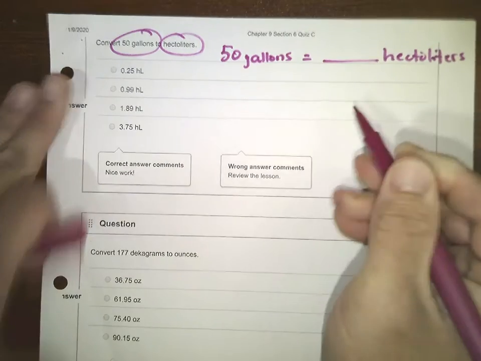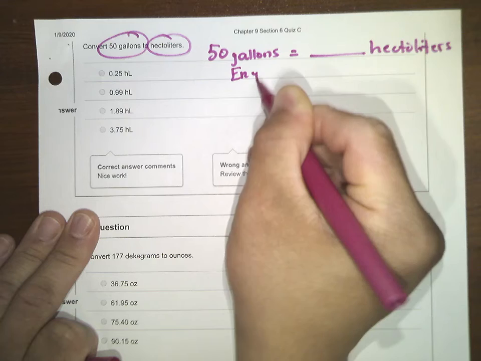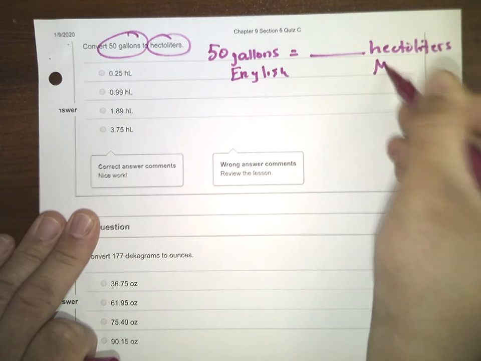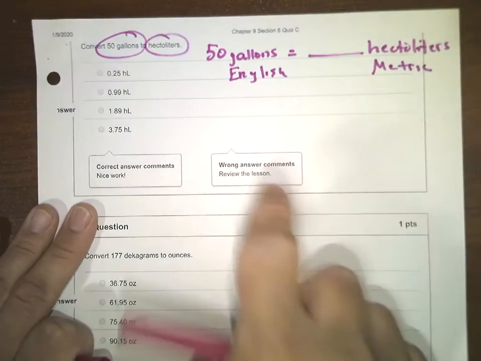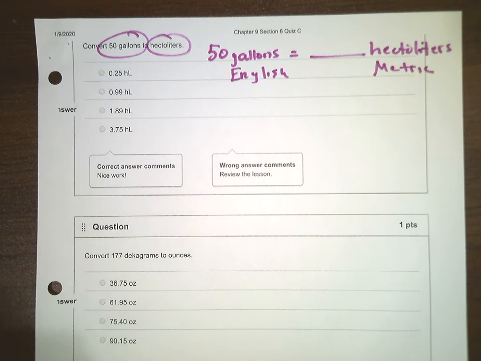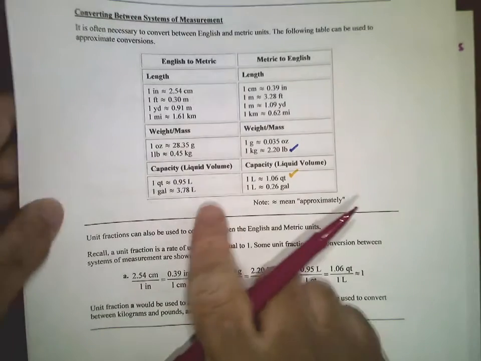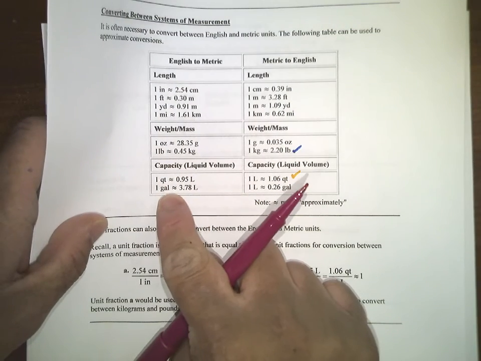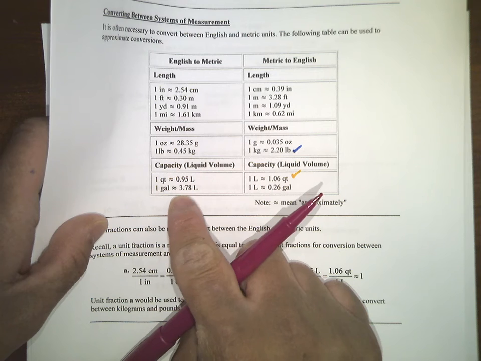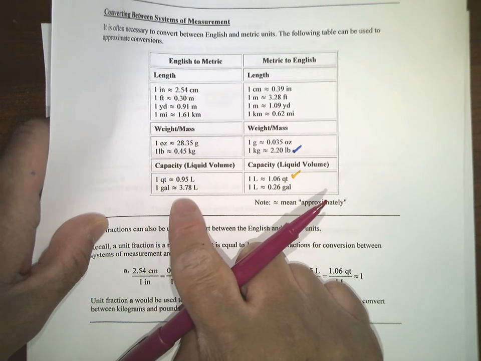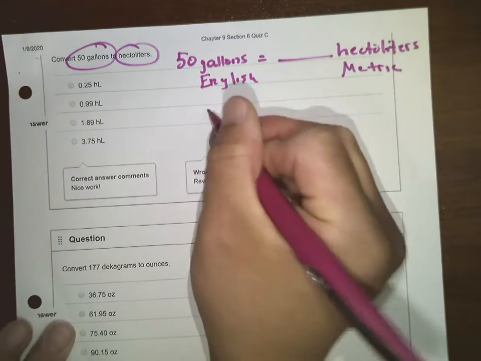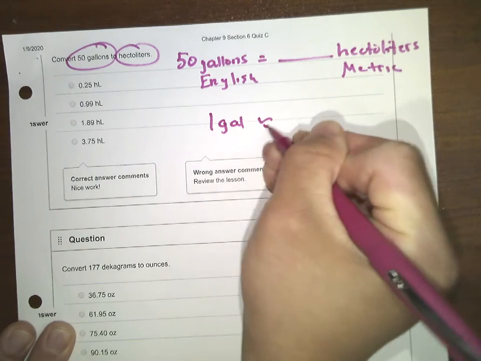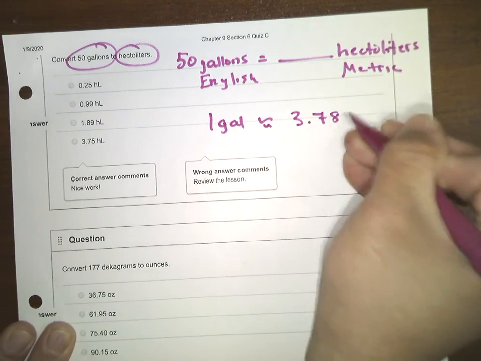Now, gallons is in the English system, and hectoliters is in the metric system. So we want English to metric. If I look at my formulas for English to metric, I need something with gallons and liters. So 1 gallon is approximately 3.78 liters.